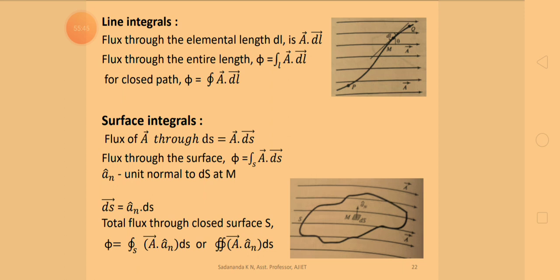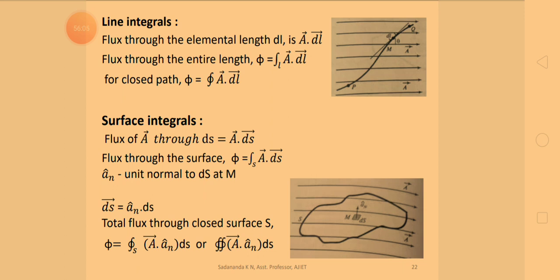That's the first term. We want to know what is the total number of field lines passing the length L in a vector field. Length L, that means the entire length of the material which we have considered in the vector field.